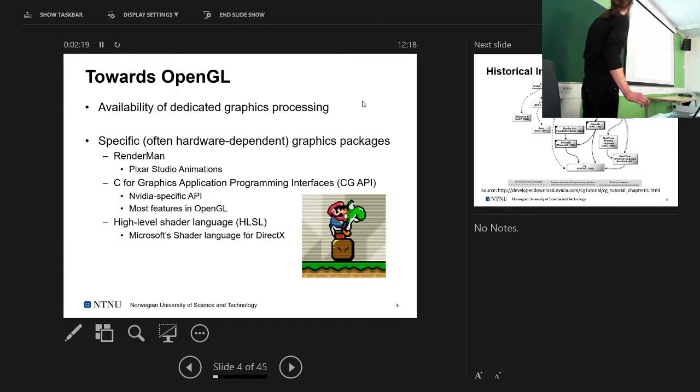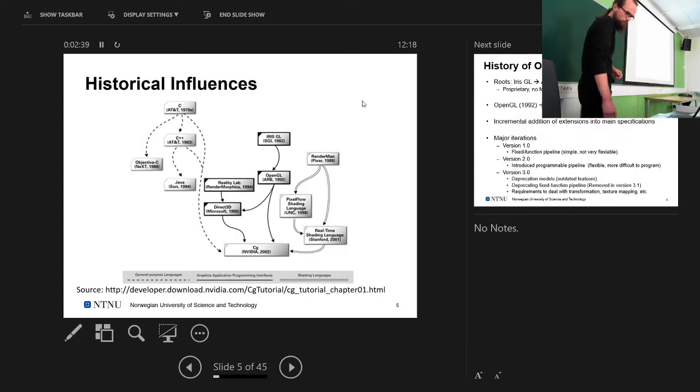And then you get the availability of dedicated graphics processing, graphics cards, more powerful GPUs, and so on. Then these graphics packages started to try to fill these demands. Something called RenderMan for graphics applications, some high-level shading languages and so on started to appear. Many of these languages have some historical influence.